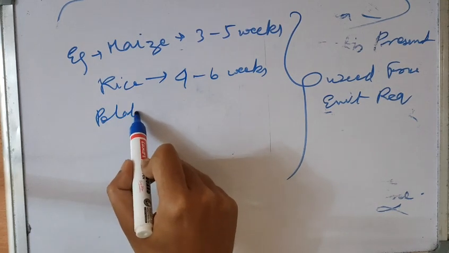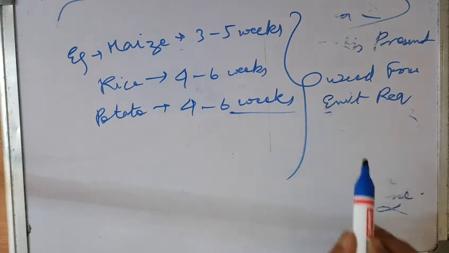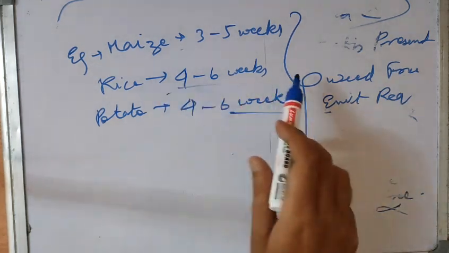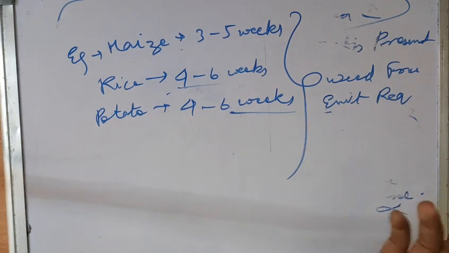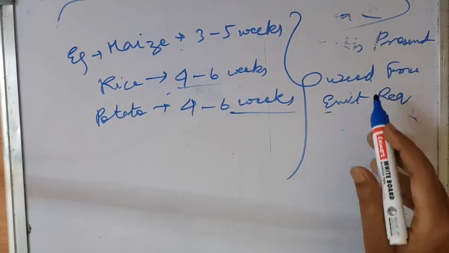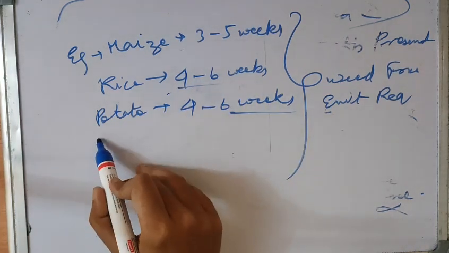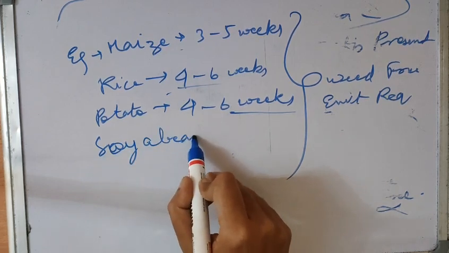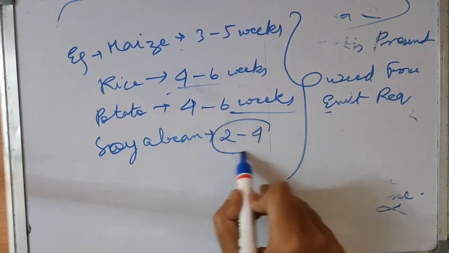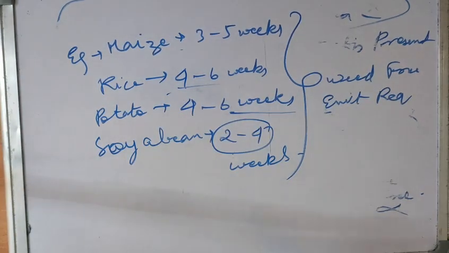For potato, the first 4 to 6 weeks, because this is the most important phase where they establish themselves. After this phase the crop is well established, and the effect of weeds will be very little compared to these phases. Soya bean, 2 to 4 weeks. So these are some examples of crops where we need to keep a weed free environment.